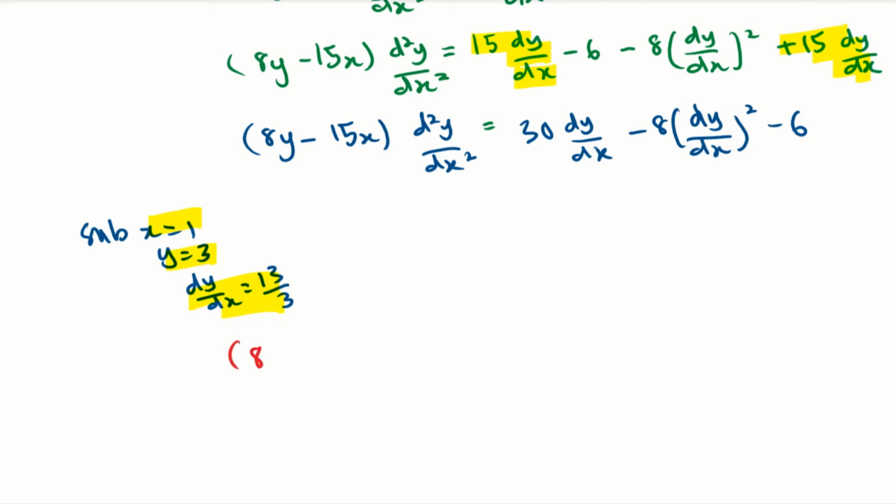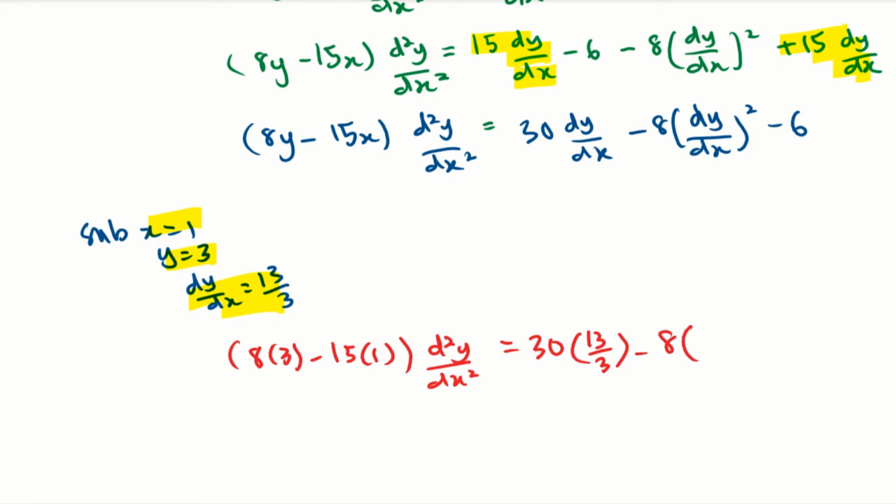So this is 8 times 3 minus 15 multiplied by 1 multiply d2y dx square equals to 30 times 13 over 3 minus 8 times 13 over 3 square minus 6.